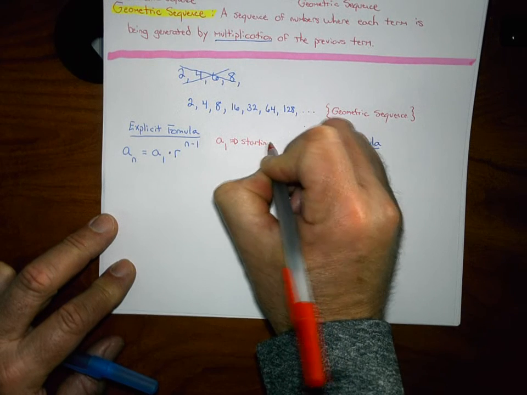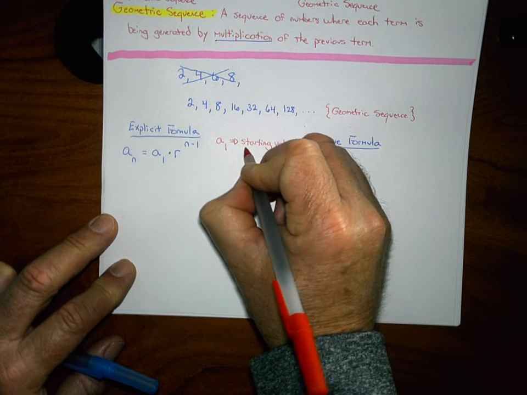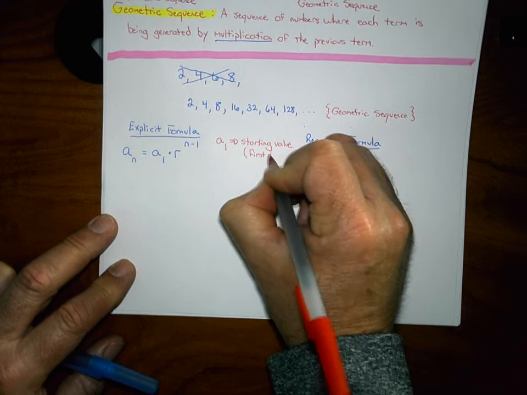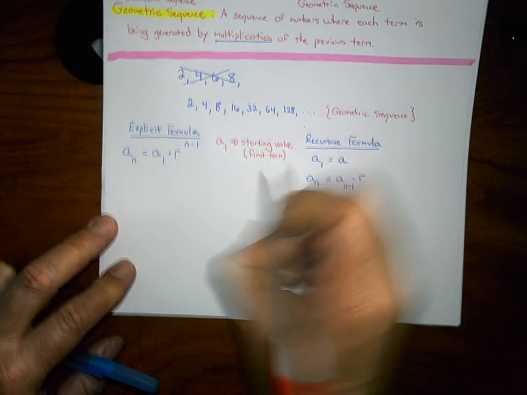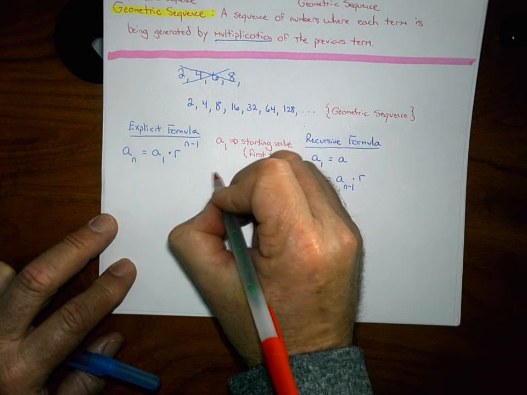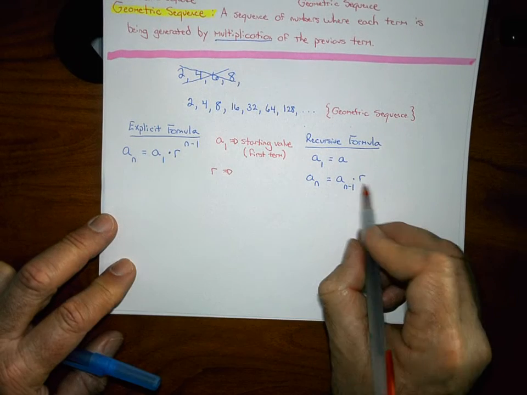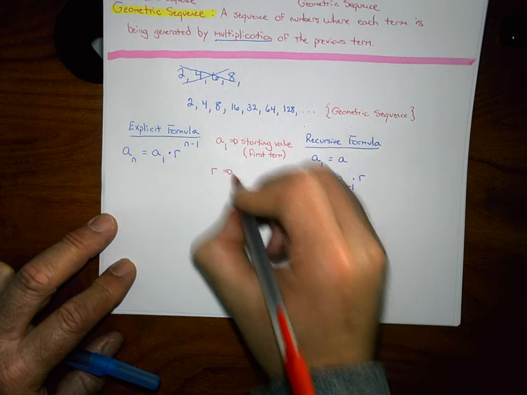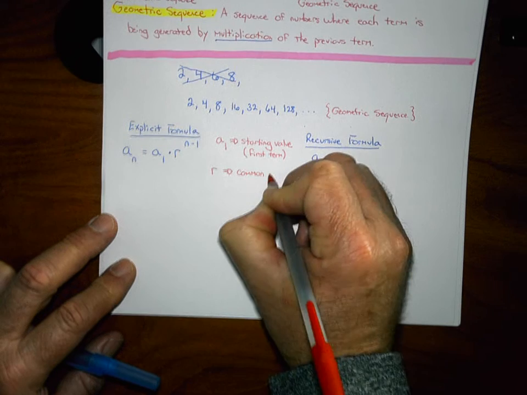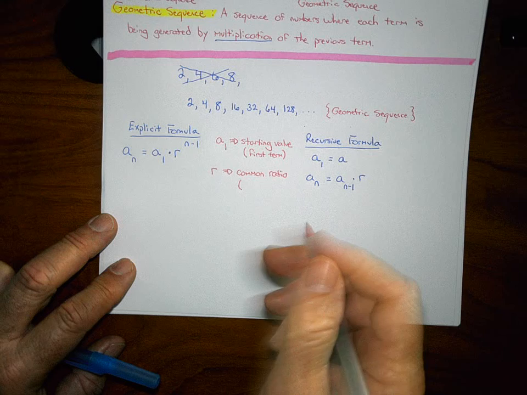That would be your first term, or the first number. So the first number in this sequence would be 2. R, the letter R in both of the formulas, stands for the common ratio. Now the common ratio is what you are multiplying by.